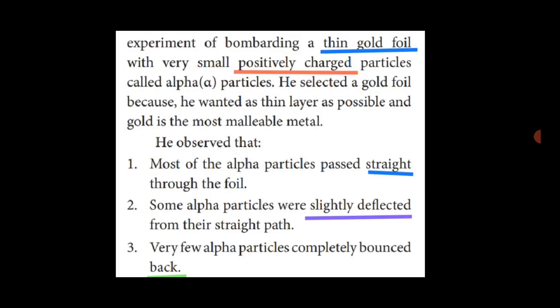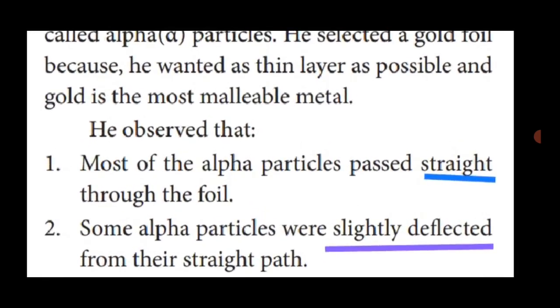These small positively charged particles are called alpha particles. He selected gold foil because he wanted a layer as thin as possible, and gold is the most malleable metal. Already we learned what malleable means: a metal that can be changed into a thin sheet.